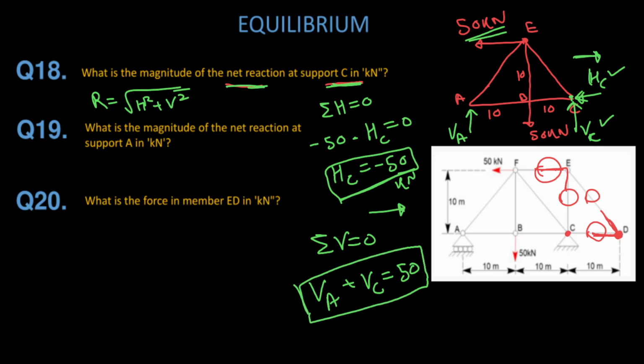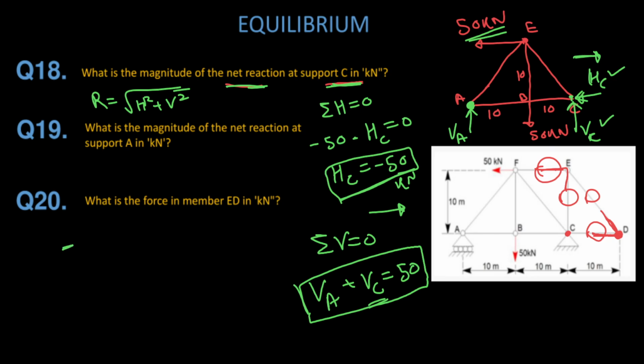Now for the calculation of VC, I can take moment about the point A, so that the moment due to the unknowns will be 0. VA is an unknown force, HC is also an unknown force. The line of action of VA passes through this point, and the line of action of HC also passes through the same point.